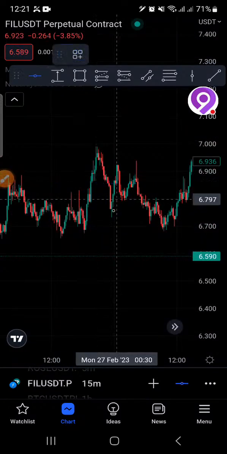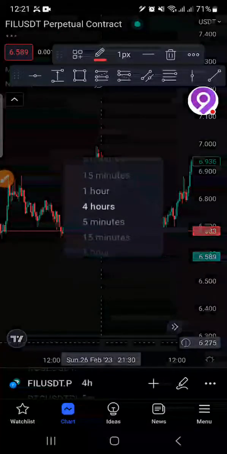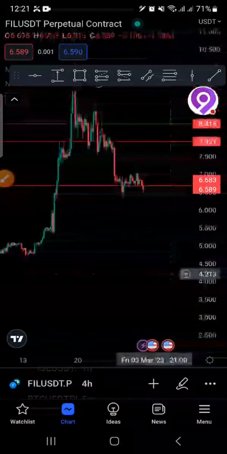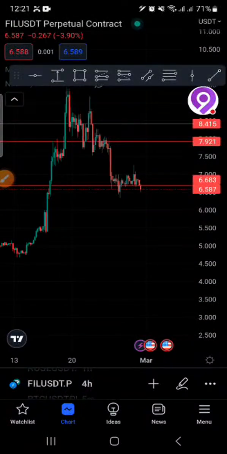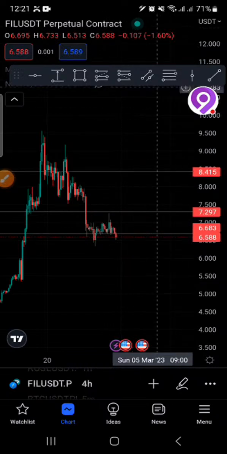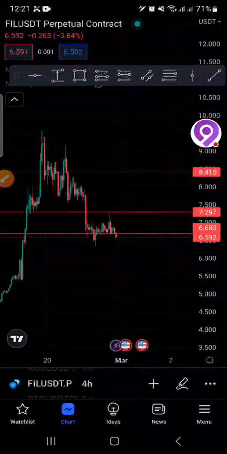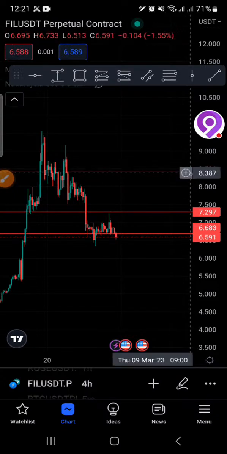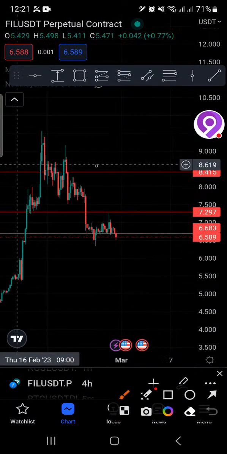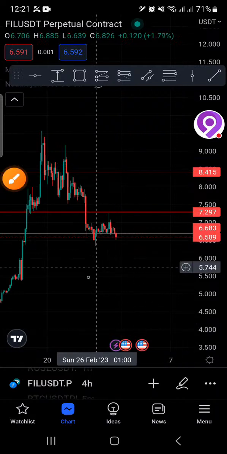It's a downtrend. Let's double check. Okay. So we have, okay, it's looking like that's already tested this. So downtrend, neckline, downtrend, up, pullback. Okay.